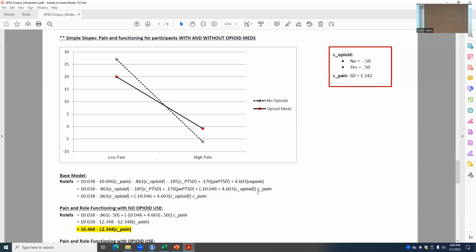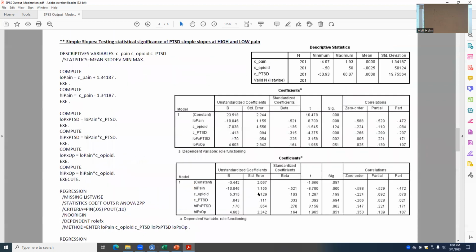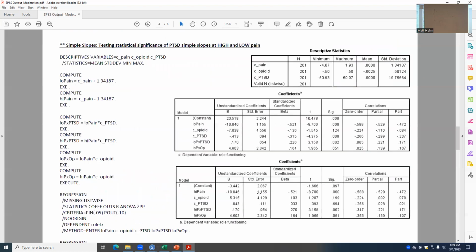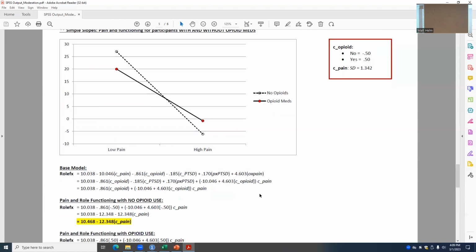So here, as opposed to this example, where at low levels of pain you see PTSD related to reductions in functioning, at high levels of pain it doesn't matter. At high levels of pain, people just aren't functioning at all, so we don't have any effect here, right? Different type of effect. Here, we see that pain is related to reduced role functioning irrespective of whether or not people are using medications.